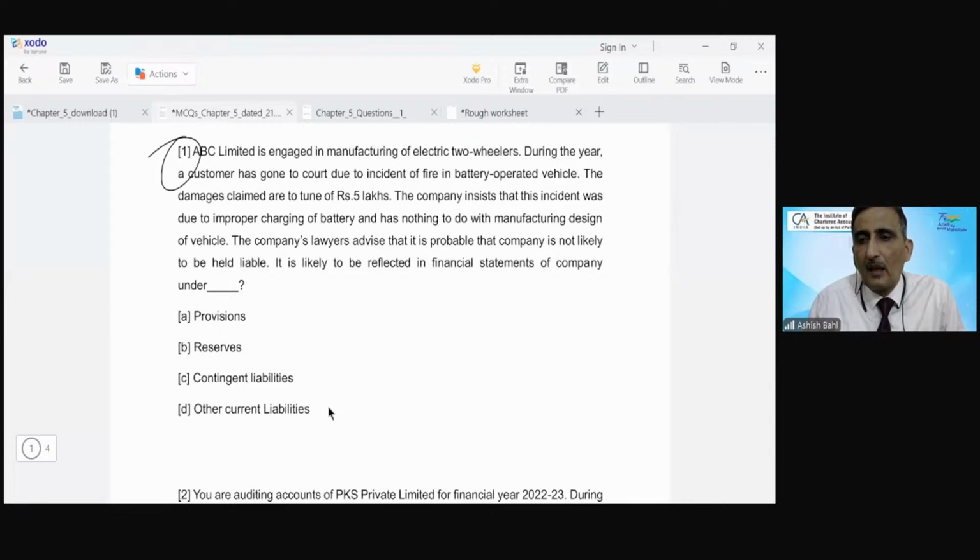And Hardik Marwaj, you are logged in Zoom, but I haven't seen any answer from your side. Is everything okay? Yes, Hardik Marwa. Okay.